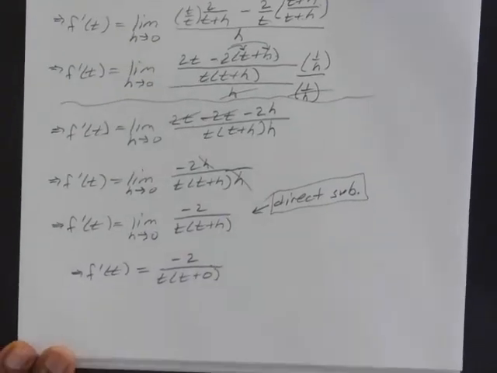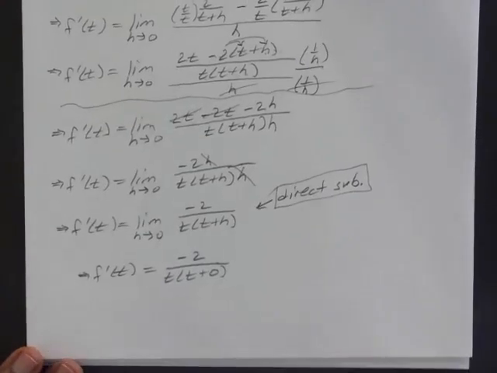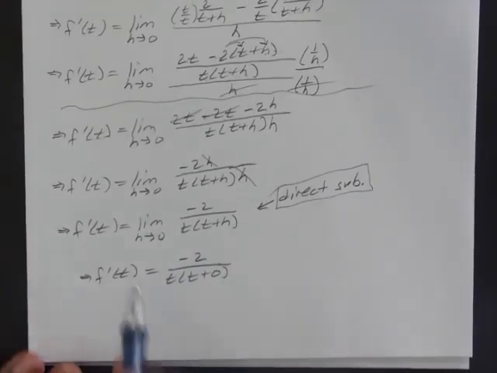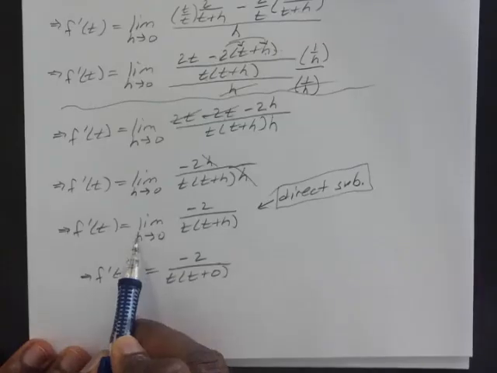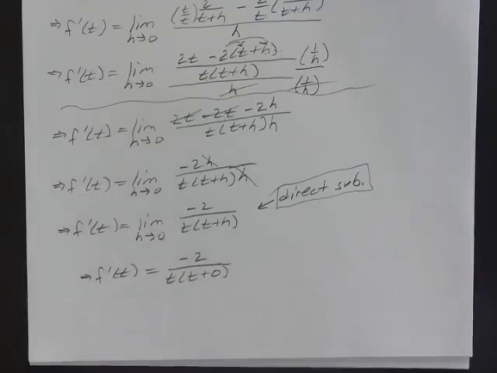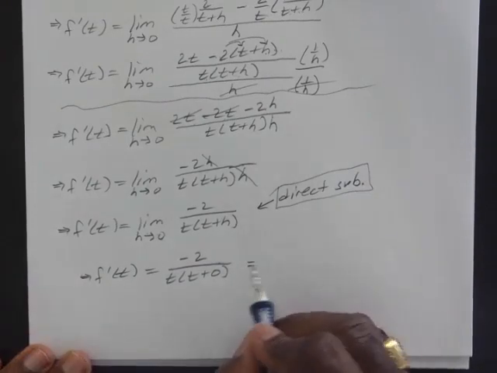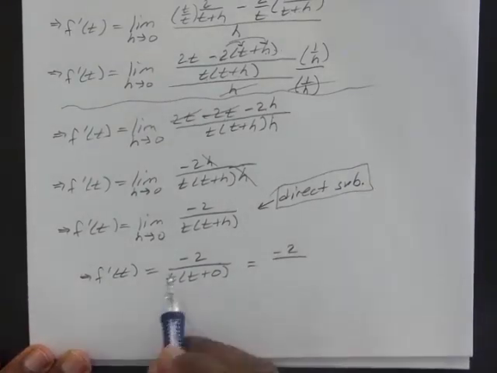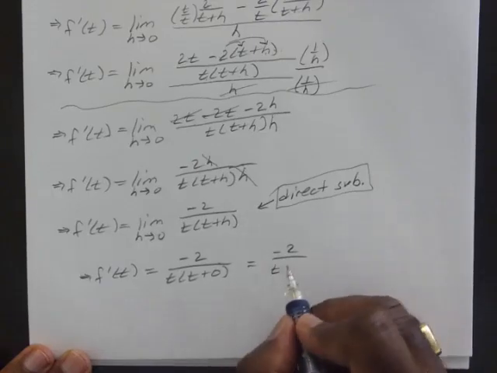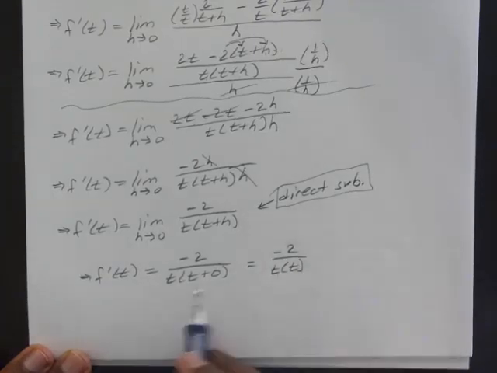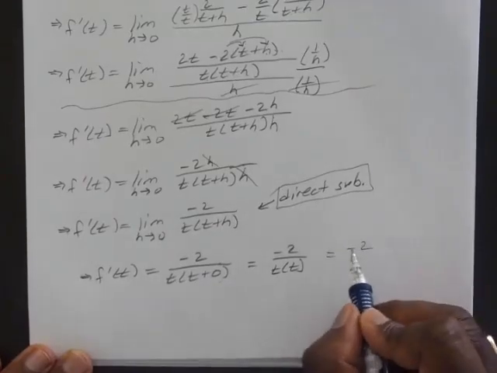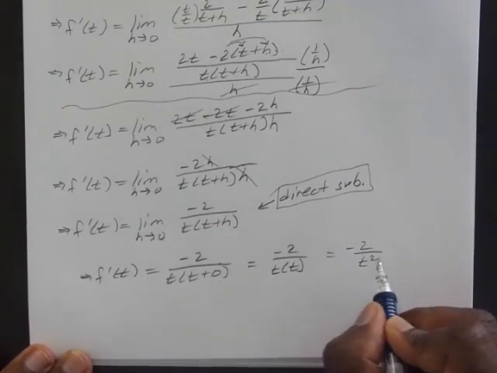Just replace the h with 0. Well, that's just negative 2 divided by t times t. t plus 0 is just t, which is negative 2 over t squared.